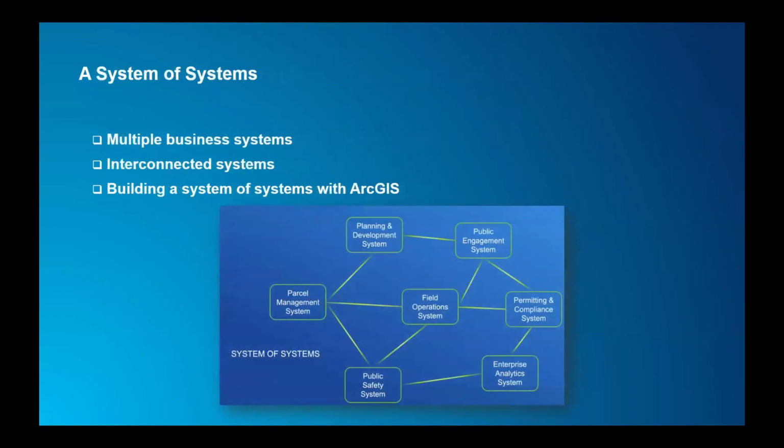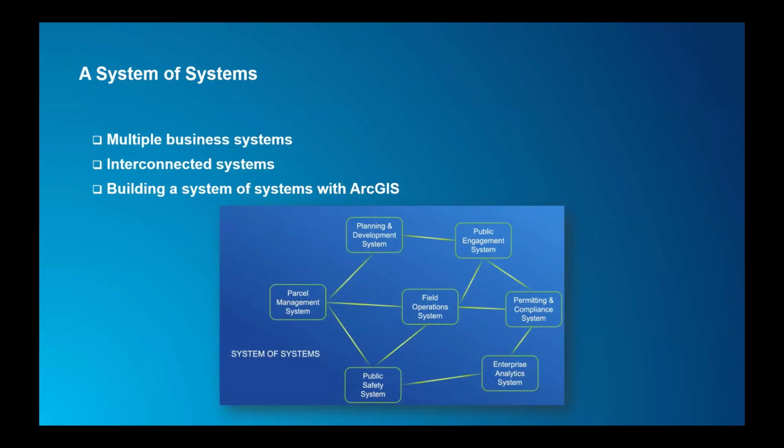And what do I mean by ArcGIS as a system? It is common to see organizations investing in multiple business systems, right? So for example, you're seeing a system here with different parts: parcel management system, planning and development system, public engagement.